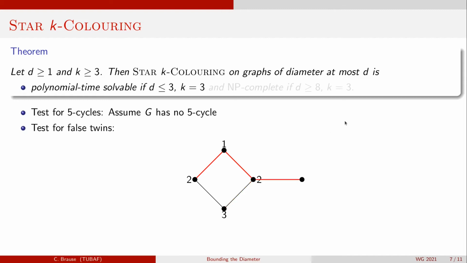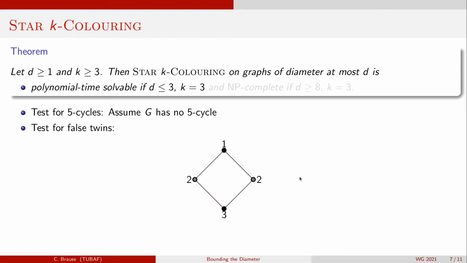So suppose for a contradiction that one of these vertices has a neighbor outside. Of course, we cannot color this vertex by color 2 as it's adjacent to a vertex of color 2, and so we have to use color 1 or color 3. But now we find a bichromatic four-path, just depending on which color we assign to this vertex.